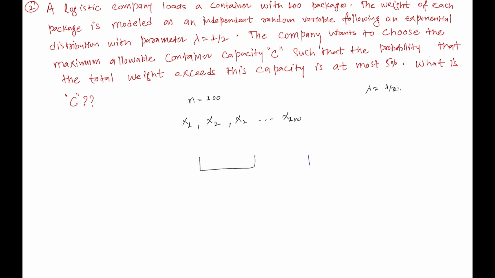The requirement is that the probability that the total weight of the container, which will be the sum of these packages, exceeds its capacity is at most 5%. That means 0.05.